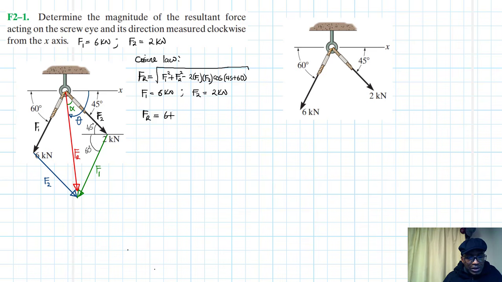This is 6.80 kilonewtons. Theta is going to be equal to alpha plus 45 degrees. For us to find alpha, we are going to use the sine law.